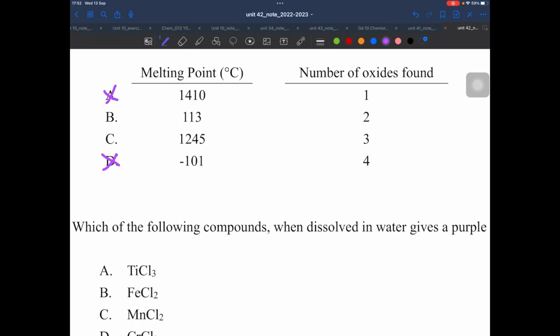Alright, A is also not correct, because if this is a transition metal, how come there is only one oxide here? So only B and C are the possible answers. And I'm sure you know that B is also incorrect, because for a transition metal, there is no point for such a low melting point. So the answer is C. Not so difficult, right? Just follow what we have seen in the notes and you can get the correct answer.